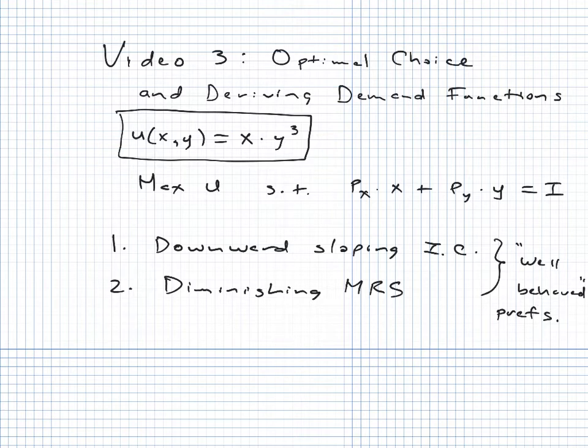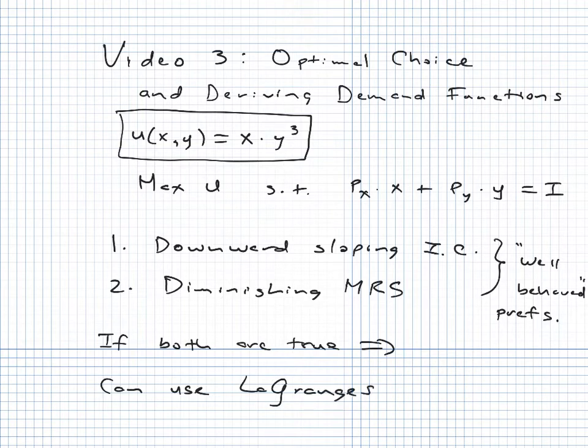So anytime that you find yourself confronting a utility function that's well-behaved, in other words, it's got downward sloping indifference curves and those indifference curves have a diminishing marginal rate of substitution, if those two things are true, then you can use Lagrange's method. And that's good news for us because if we can use Lagrange's method, we know exactly what our solution procedure is going to end up looking like.